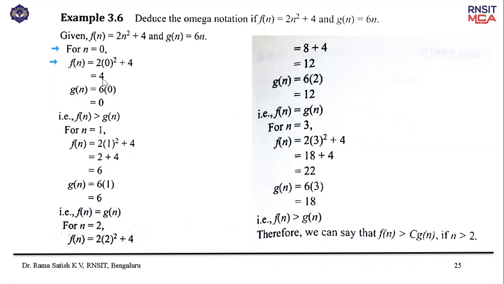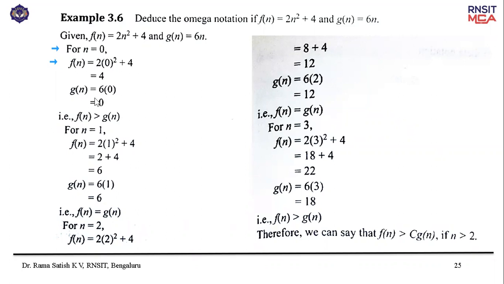If n is equal to 0, what happens? f of n is equal to 2 into 0 plus 4, it's 4. g of n, 6 into 0, is 0. So in this case, f of n is greater. Okay, it can be considered.